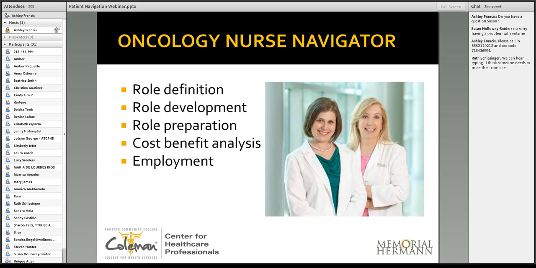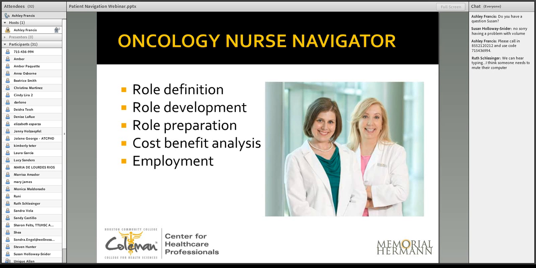Of course, truly nursing on the state side really began to be formalized for oncology nurse navigation through Dr. Harold Freeman. And Dr. Freeman indicated when he presented at one of our annual summits here in Houston that there can be all types of navigators.